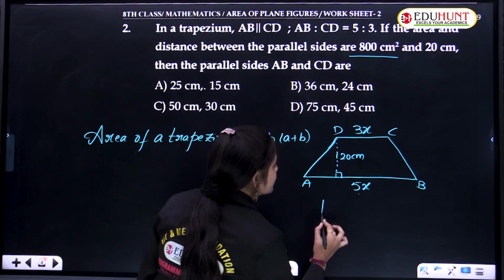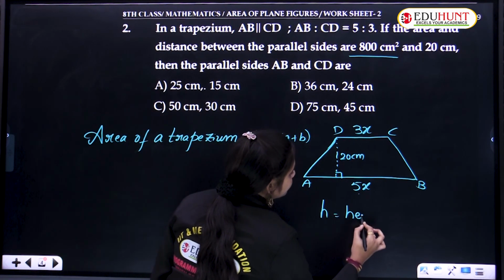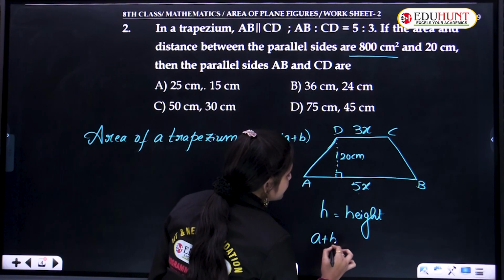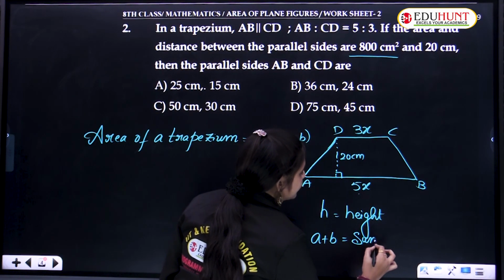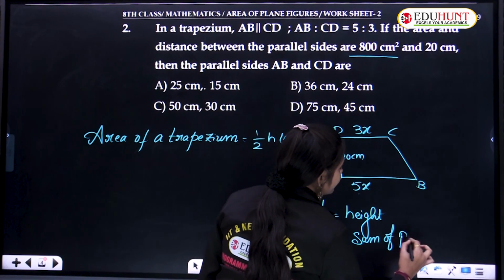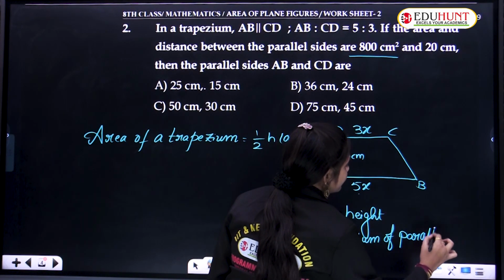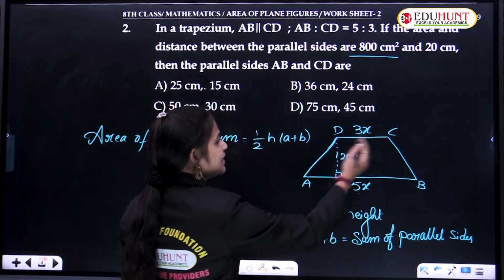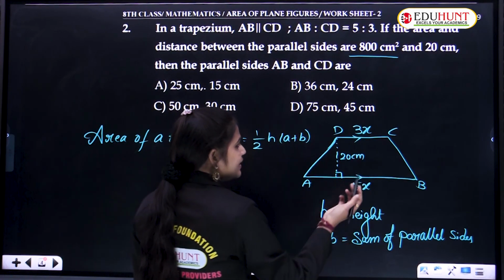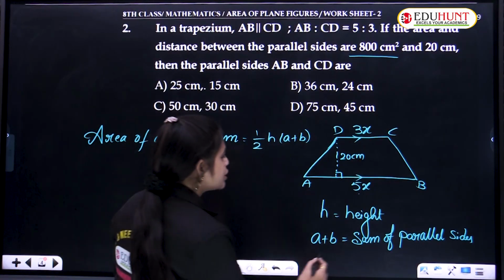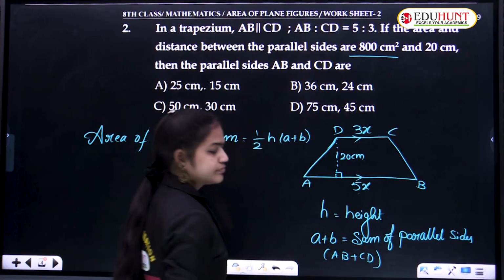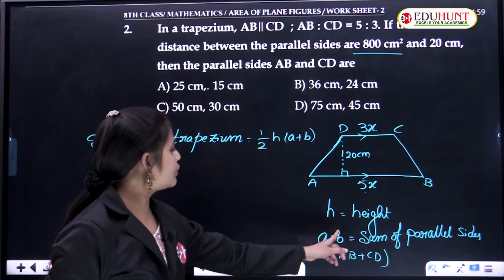Here h is equal to the height and a plus b is equal to the sum of parallel sides. Which two sides are parallel here? These two sides only are parallel, which means AB plus CD is equal to a plus b.